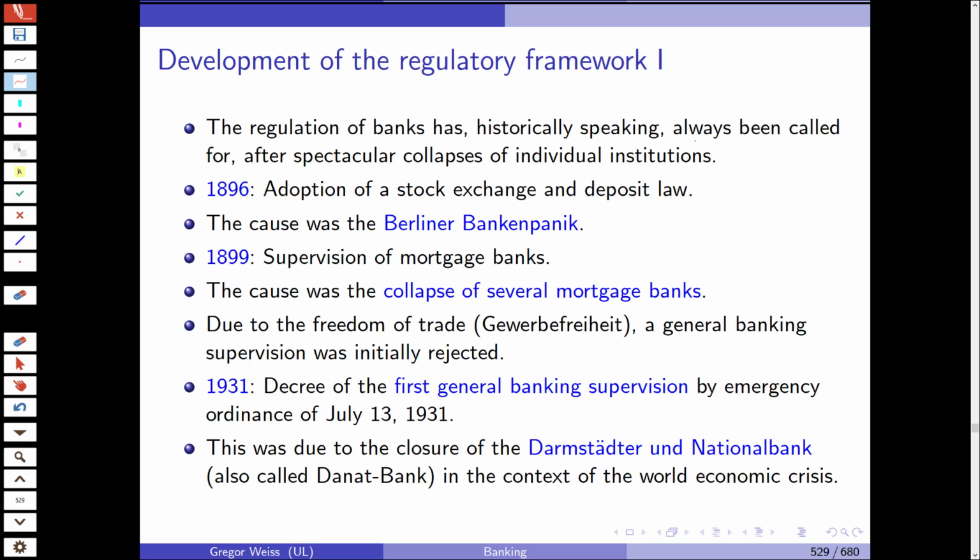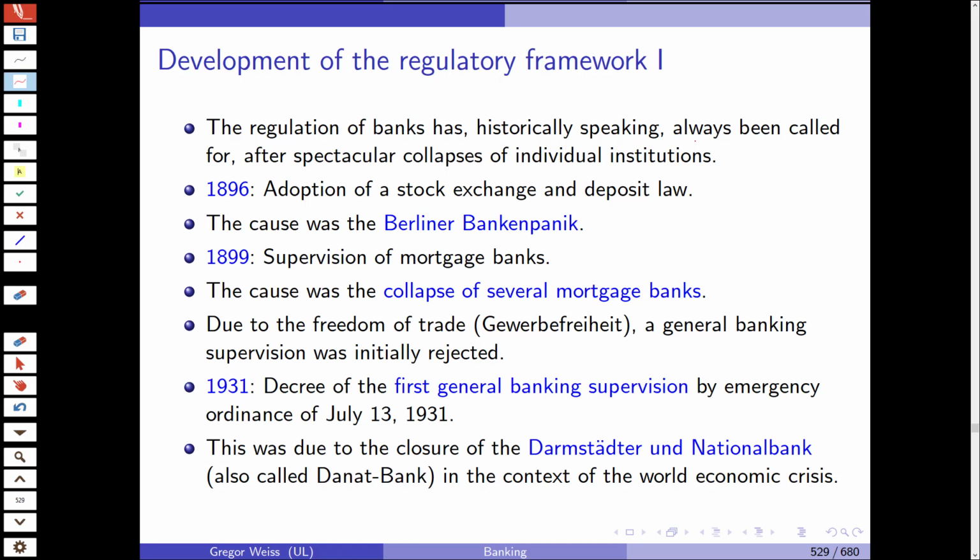So let's take a look at the history again. Now, regulation of banks has, in every country, not just Germany, historically speaking, always followed spectacular collapses of individual institutions. For example, we saw in 1896 the adoption of a stock exchange and deposit law.